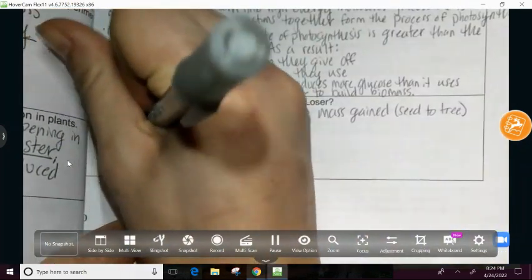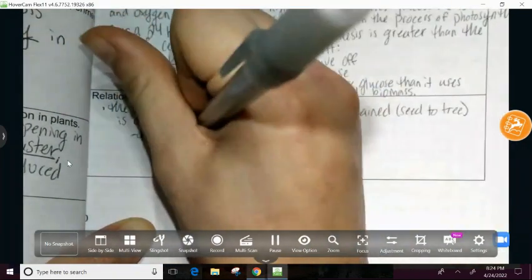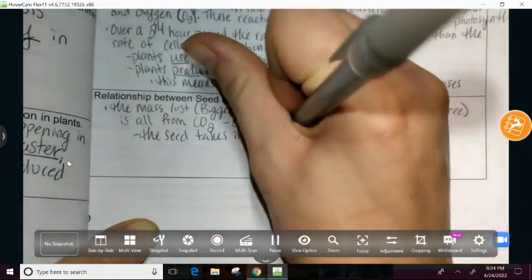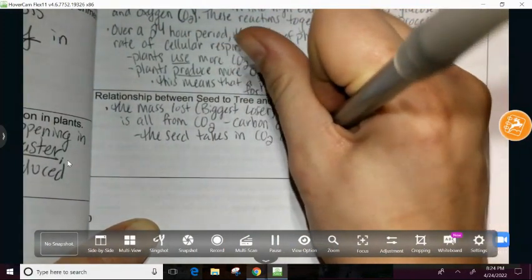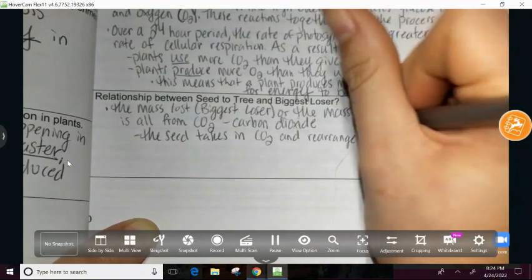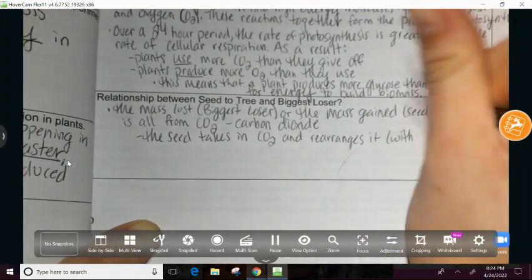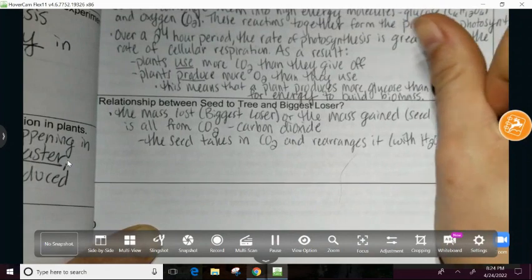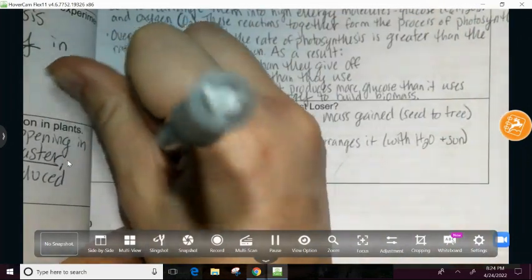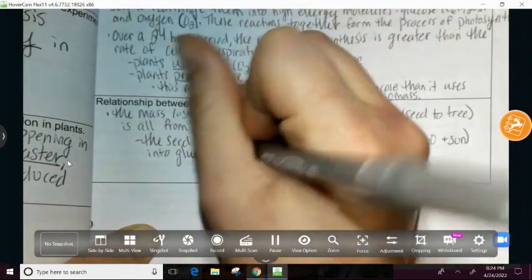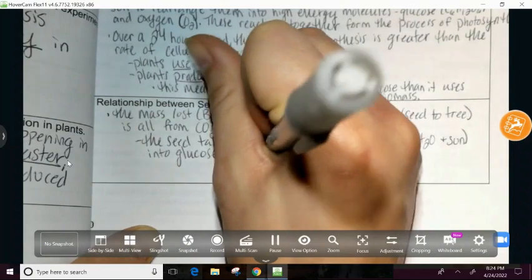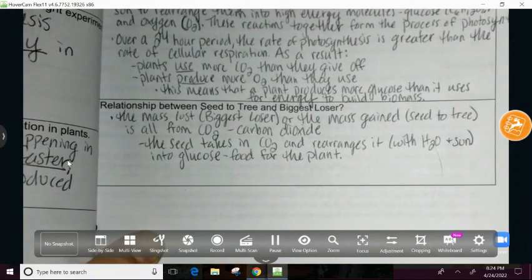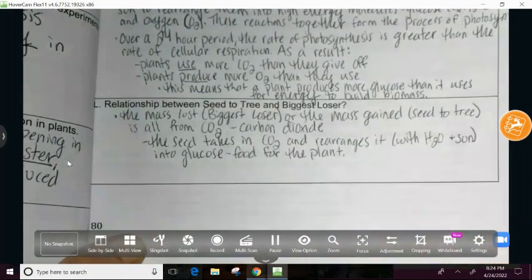We know this because the seed takes in the carbon dioxide, it rearranges it with the help of water and the sun, and creates glucose, food for the plant, and also releases oxygen for us and anything else to breathe.